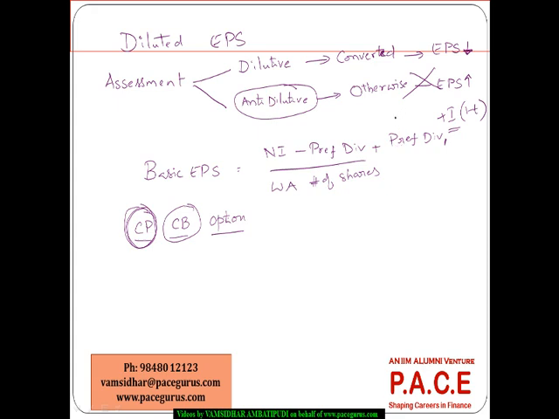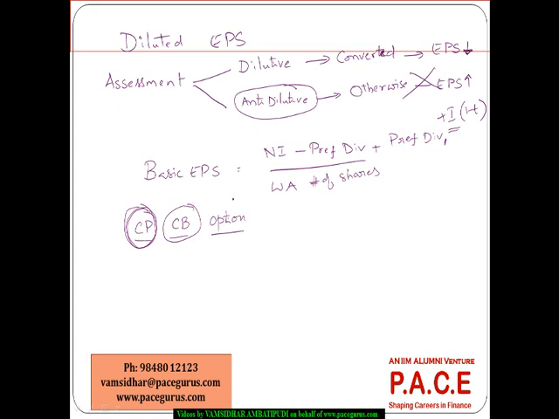Now it is becoming equity, so the benefit that came earlier in the form of tax saving is no more applicable, which means the net benefit is only I into (1 minus t). So even that part I would be adding back.